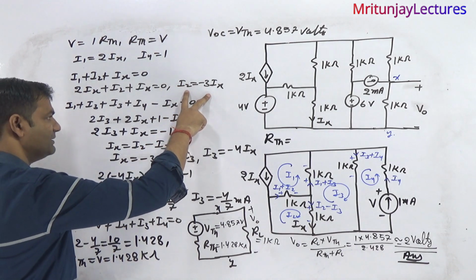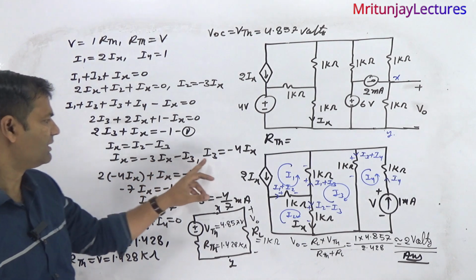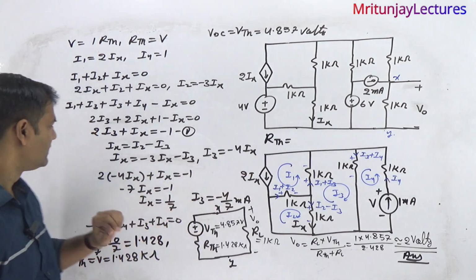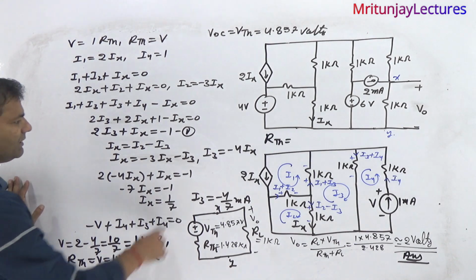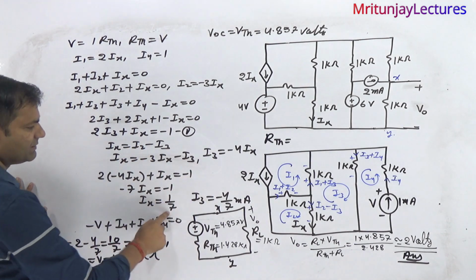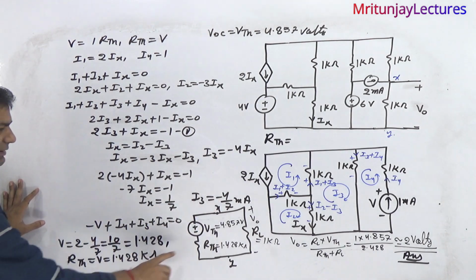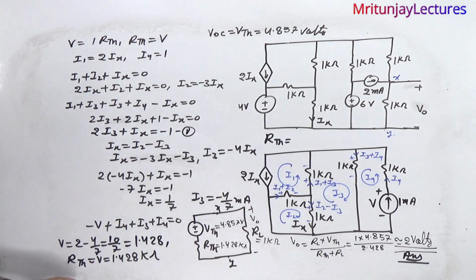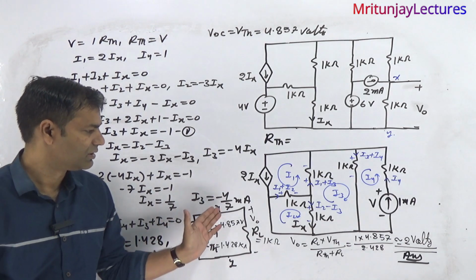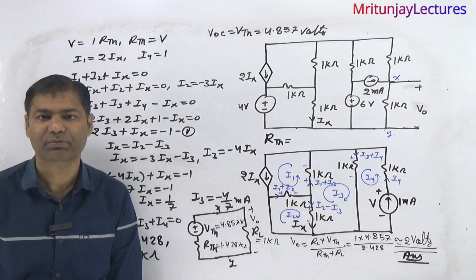After that I2 equals minus 3Ix, and I3 is minus 4 times Ix. Clear or not? After that put this value here, then we get Ix, and then we get I3. Apply KVL in this loop, then we determine RTH, V is also RTH, so 1.428. Put this value corresponding to VTH, RTH, and here RL, then determine V0 with the help of the voltage divider rule.